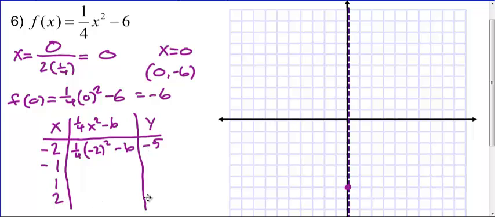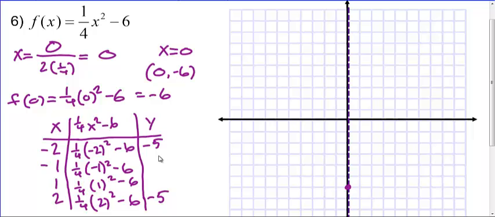I know that down here at 2, I'm going to get the same value, and you could confirm that by writing it out, but 1/4 times 4 is 1 minus 6. All right, and then these other two, we're going to have 1/4 times either positive 1 or -1 squared minus 6, but either way, that's going to be 1/4 minus 6, which is -5 3/4.